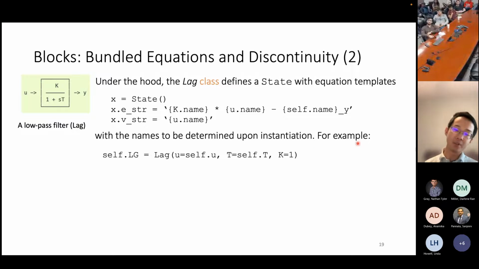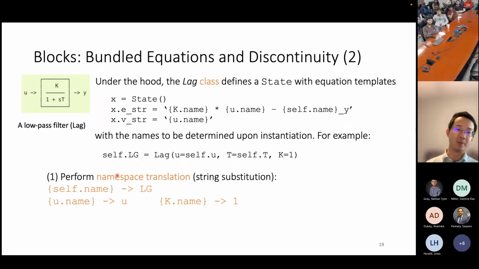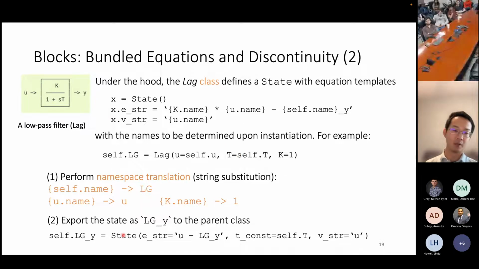So when someone instantiates this lag as an LG block, we can perform namespace substitution by taking the name from here and putting it to self.name. The U's name is here, T's name is T, K's name is 1. After plugging those into this template equation, this state, now with the correct equations, can be exported to the model. And this can scale.